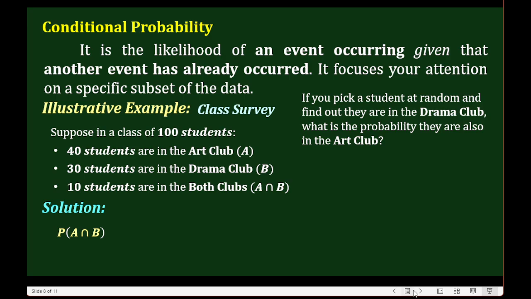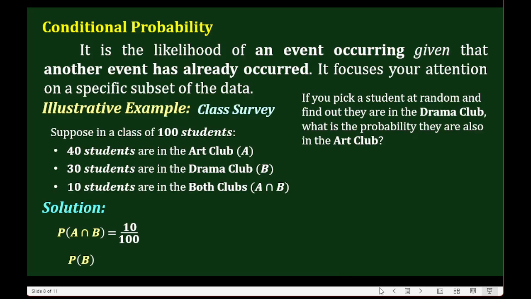So from the given, for the intersection of two events, that is actually the number of students who are in both clubs, and that is 10 over the sample space. It is already given. How many students are there in a class? 100. So that is over 100. Okay, you can simplify this, or you can consider that value without simplifying first.